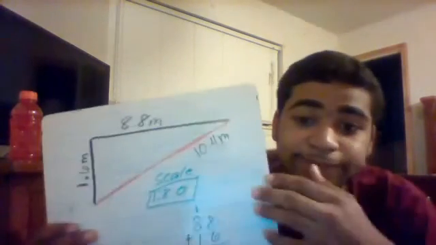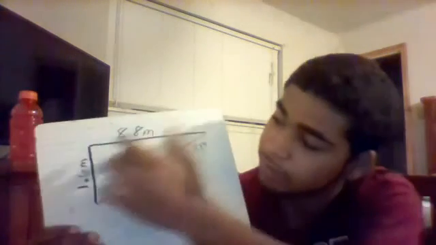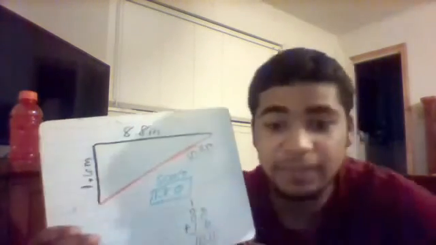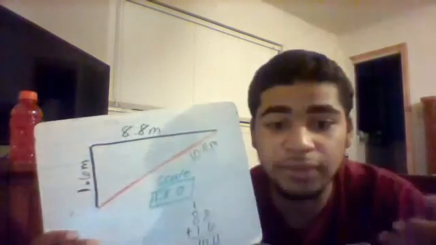So you want to make a life size version of that, and sadly, mine was thrown away. But it should be something like this. Our life size model is going to be like this: 8.8 meters and 1.6 meters, and 10.4 meters. If I have a picture on my phone, let me look.